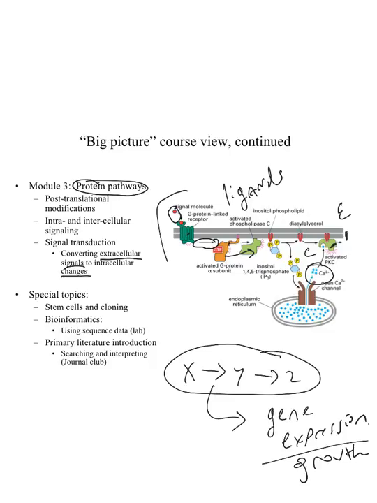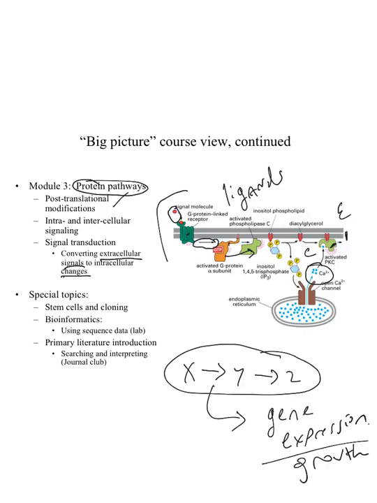So let me recap. Unit 1, structure, function, and how the cell is studied. Unit 2, how information moves through the cell up to the level of protein. Unit 3, what happens to the proteins? That's the idea. So the main topics in Unit 3 include the idea of post-translational modification.